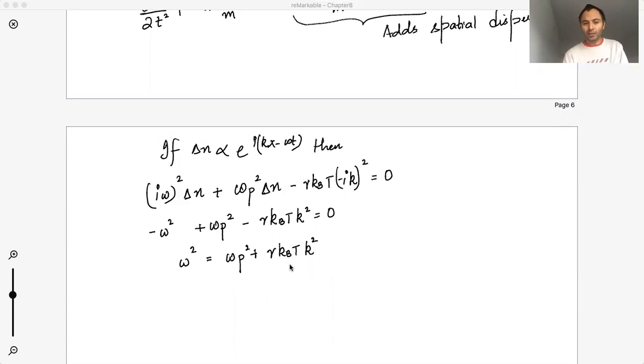So this is how you put fluid dynamics and Maxwell's theory together, and work out what kind of waves can exist in a plasma. And Langmuir waves will turn out to be very important, because a lot of plasma processes are related to Langmuir waves. Just as an example, a lot of the processes in the solar corona are related to excitation of Langmuir waves, conversion of Langmuir waves to electromagnetic waves, and all of that.